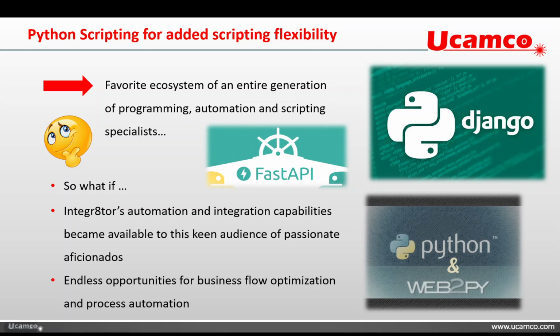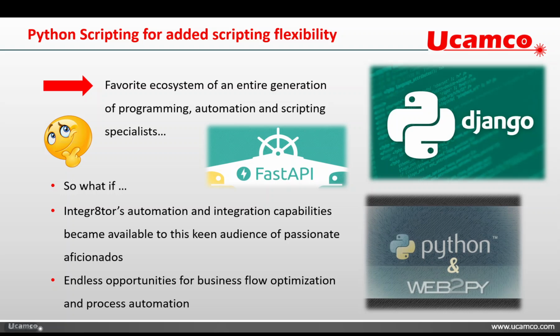So what we thought is that Integr8tor is renowned for its automation possibilities. I mean, the actual process itself is automated, let there be no misunderstanding about it. But when a job finishes processing, the data that has been generated at that point must go elsewhere.